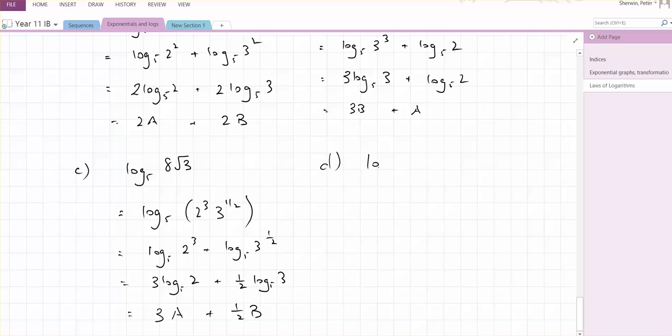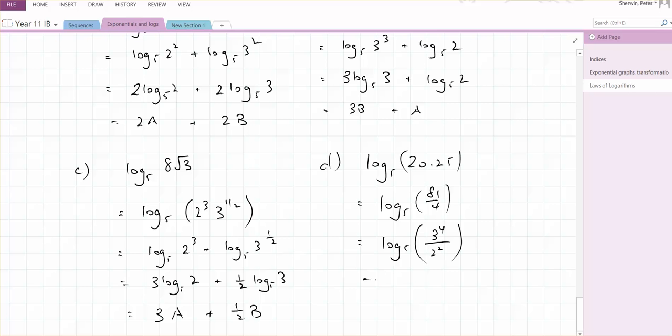Maybe we should do one more. Log base 5 of 20.25. 20.25 is a fraction, it is 81 over 4, so can we look at it that way? The 81 can be written as 3 to the power of 4, and the 4 is 2 squared. Excuse me. So all I've done so far is I've rewritten 20.25 using fractions.